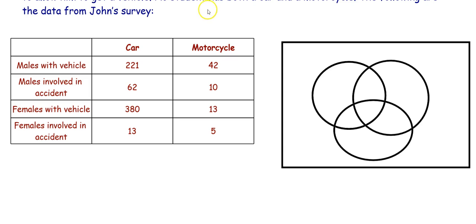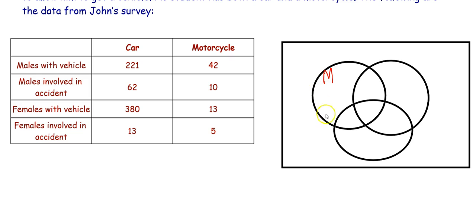Alright, the first, like I said, is the male students. As we are dealing with John, who is a male student, we are concentrating more on the information about the males. So the set males I'll put here.